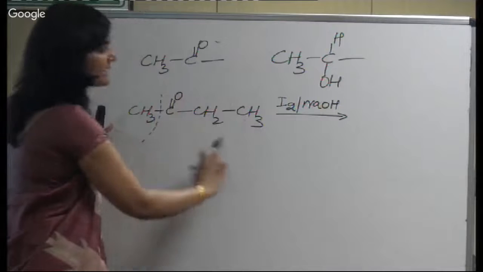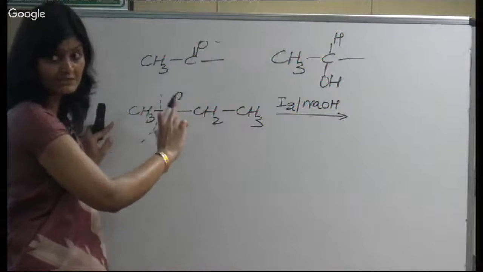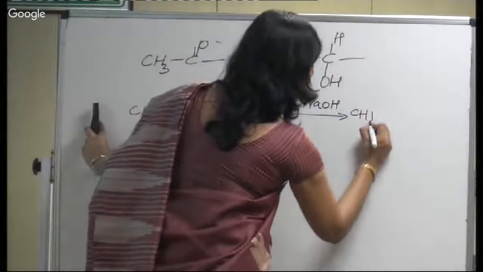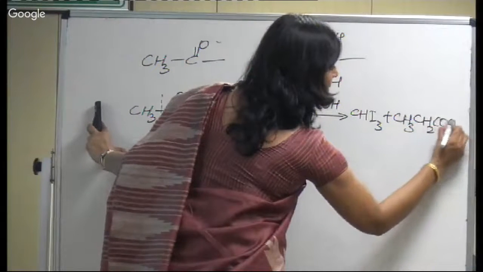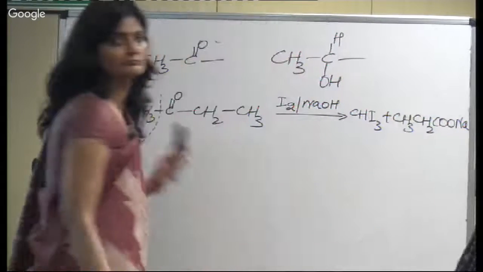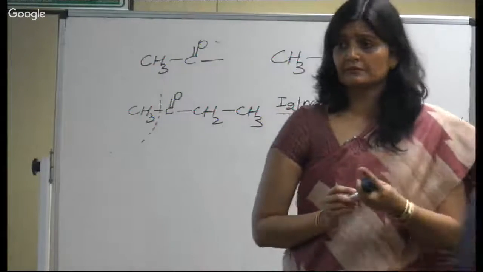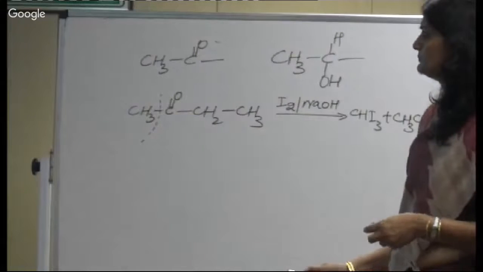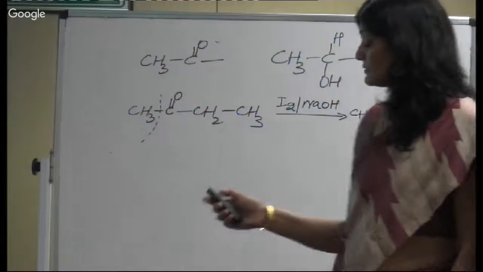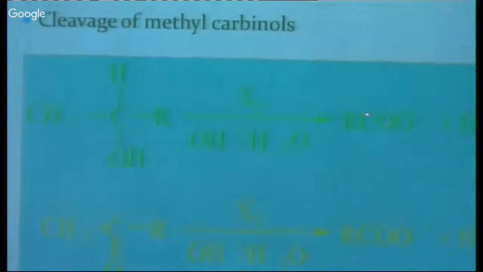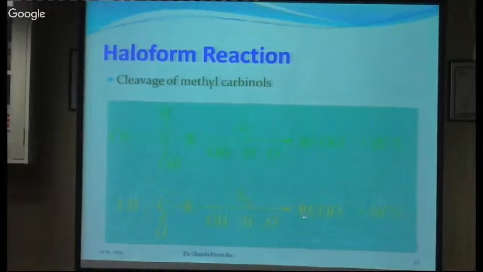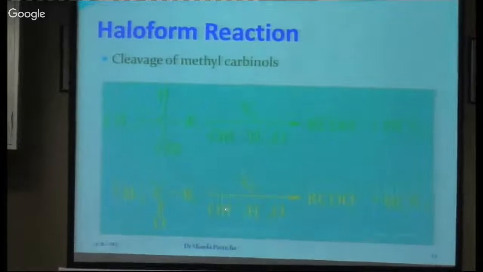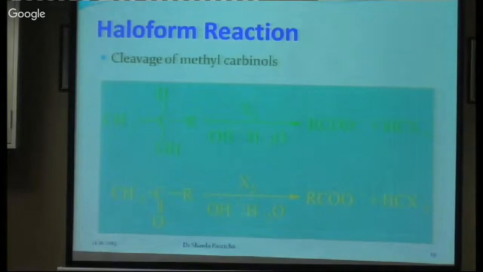And the remaining will come as the sodium salt of the carboxylic acid, right? Correct? So I've shown here how this CH3CHOH group is oxidized to carboxylic acid, and again a methyl ketone is oxidized to carboxylic acid salt on reaction with halogen in the alkaline condition, right?